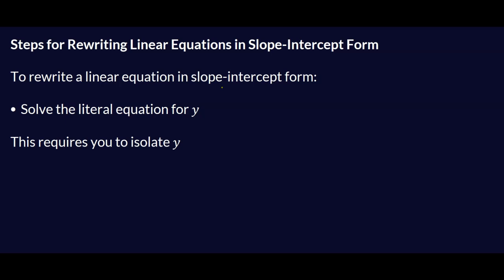That simply means you have to isolate y, the y variable. And remember, when you isolate, you cannot have any number other than 1 as the coefficient of y. So let's see how we put all of this together as we solve some examples.